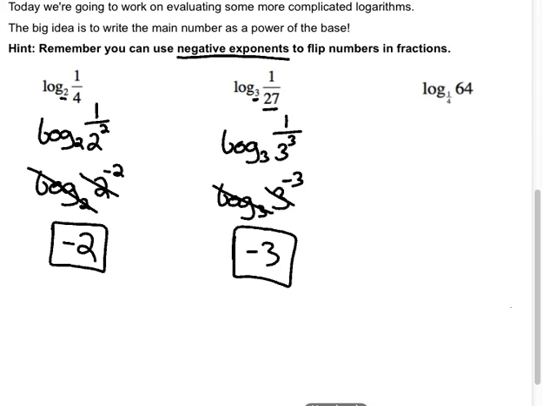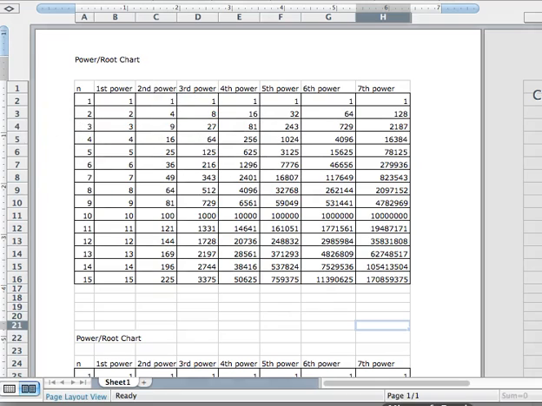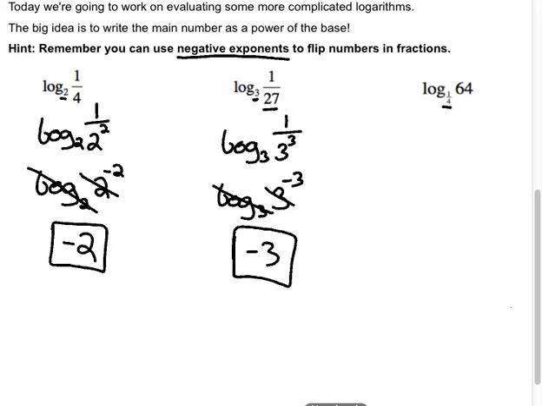All right, and what about that next one? So here I need to rewrite that 64 as base 1/4, okay? Which probably seems a little bit weird. Well, the nice thing is, in the get-go, the first thing I would recognize is 4 to the third power gives me that 64, okay?